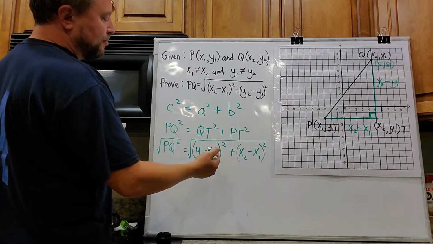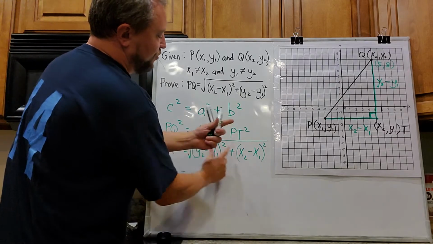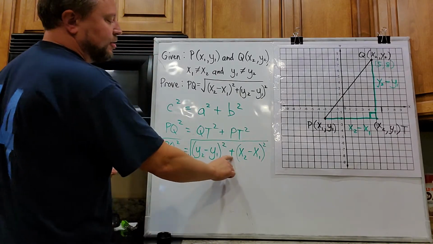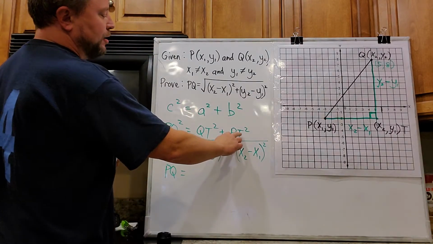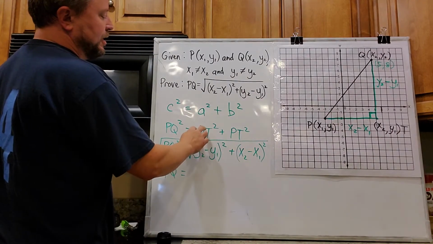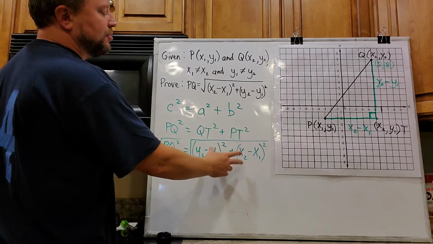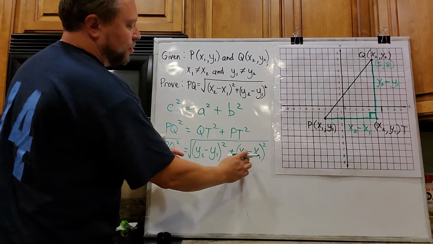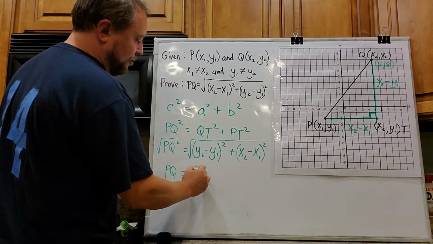Okay, but just to show you, you could flip-flop these too, by the way, since they're being added. So I'm just going to flip-flop that up here. I should have put my PT here and my QT there. You know, the legs can be interchanged either way. So I'm just going to flip this around and put that back here in the front.